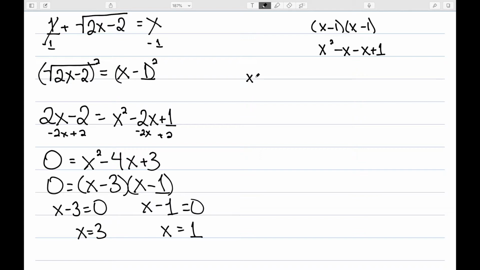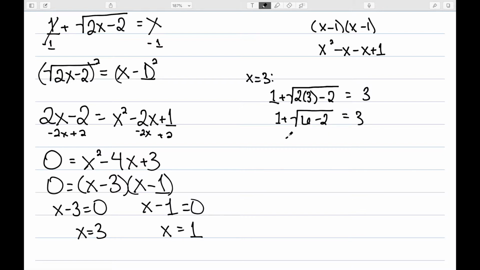So if I check x equal to 3, that would be 1 plus the square root of 2 times x, which is 3, minus 2, should be equal to x, or 3. This is 6 minus 2 equal to 3. So I have 1 plus the square root of 4 is equal to 3. In other words, 1 plus 2 is equal to 3, so this is valid.